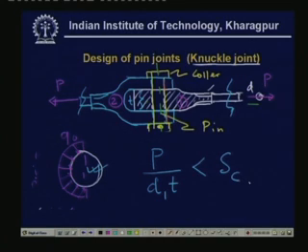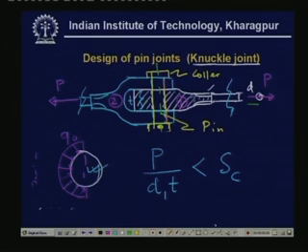The crushing strength is definitely more than the tensile strength, because the material is very tough against crushing. So this is another formula to be used to check the safety of the design of this I bar. These are the three things one has to consider while designing this I bar.